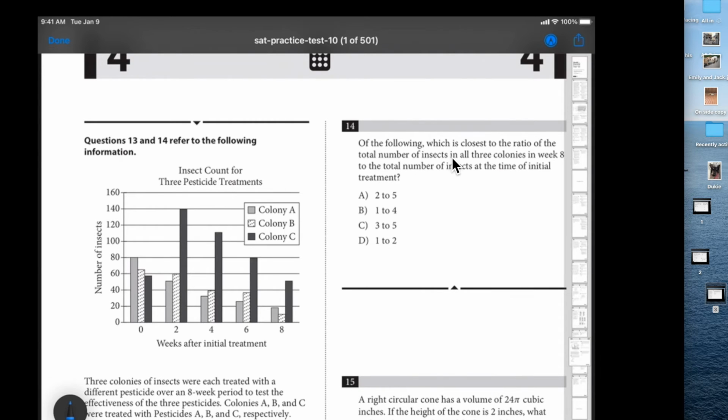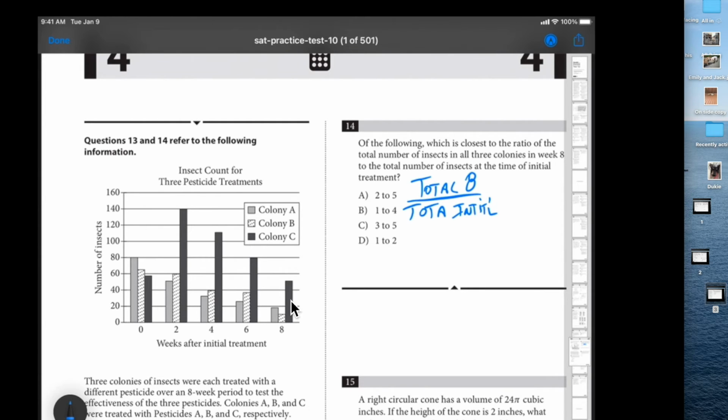Okay, number 14, still referring to this table. Of the following, which is closest to the ratio of the total number of insects in week 8 to the total number at the time of the initial treatment? Okay, so it's going to be the total in week 8 versus the total at the time of the initial. So we're looking for this total here to that here.